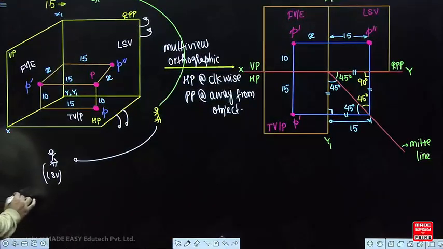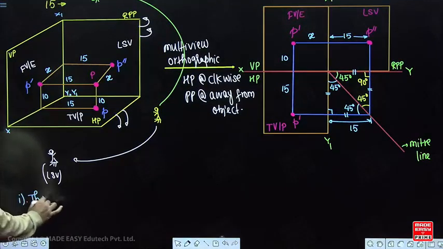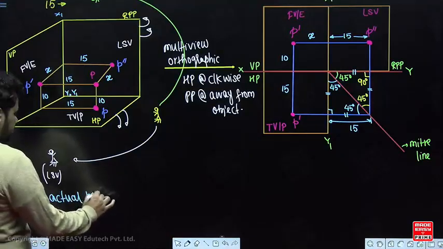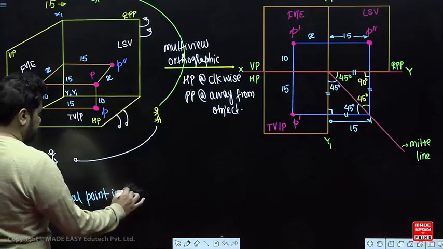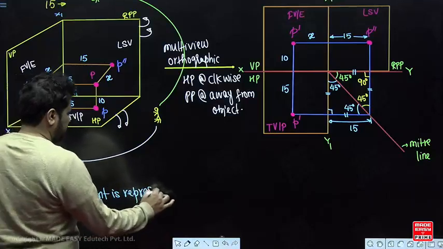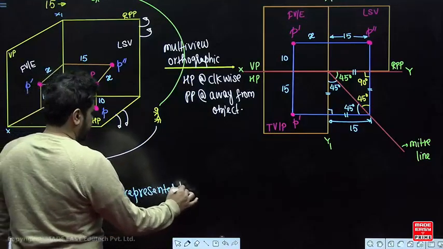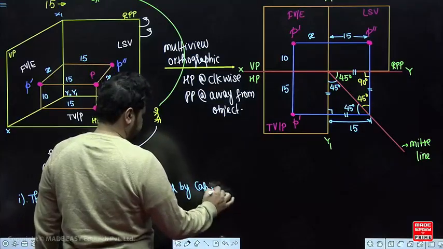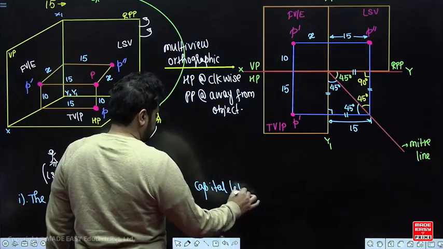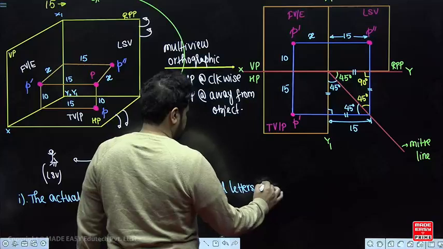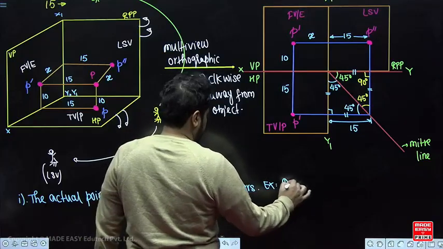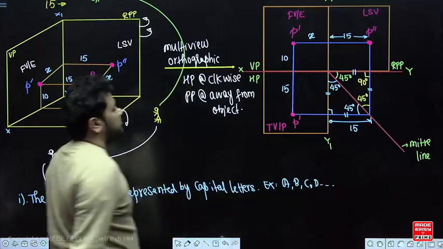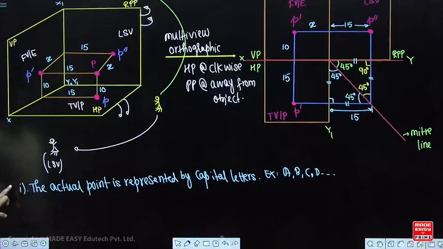So first point, the actual point is represented by capital letters. Example A, B, C, D and so on. Fine.